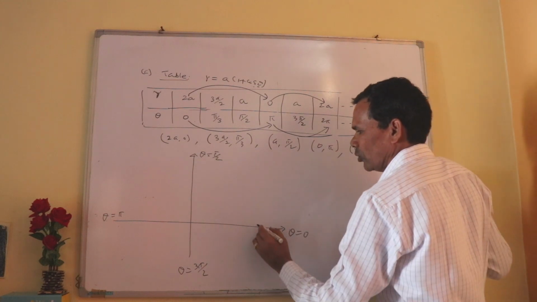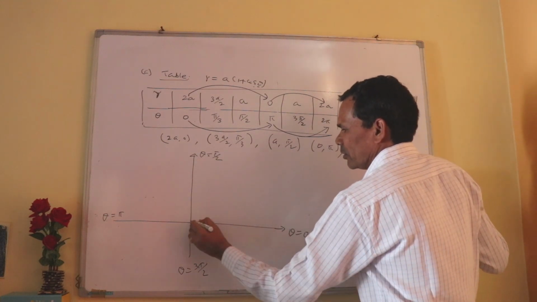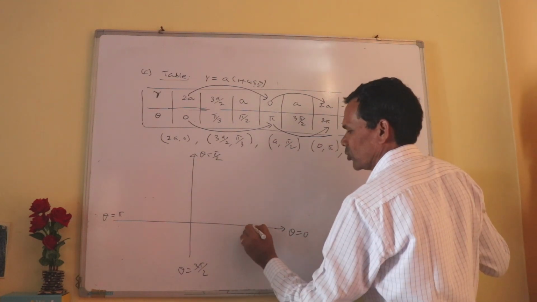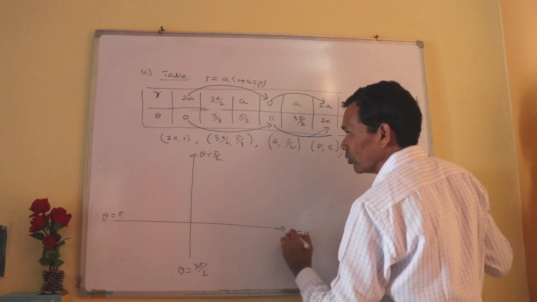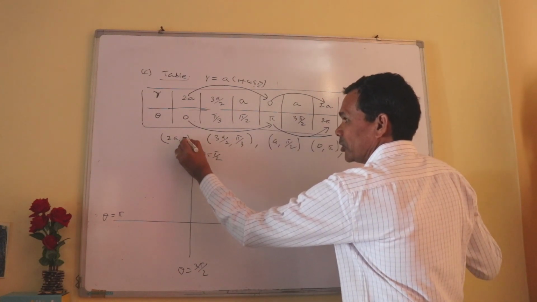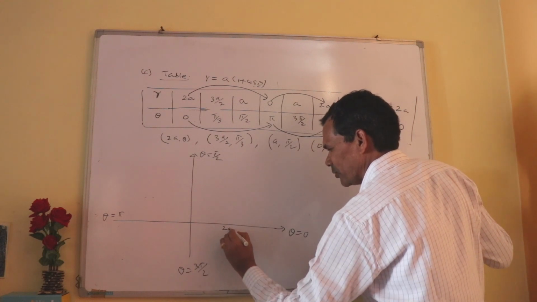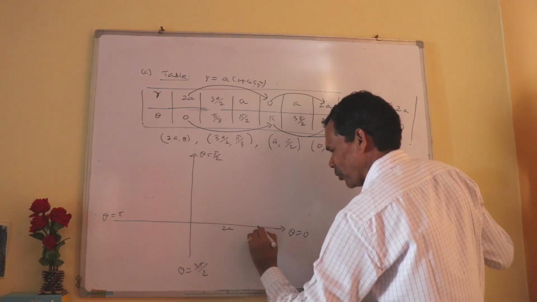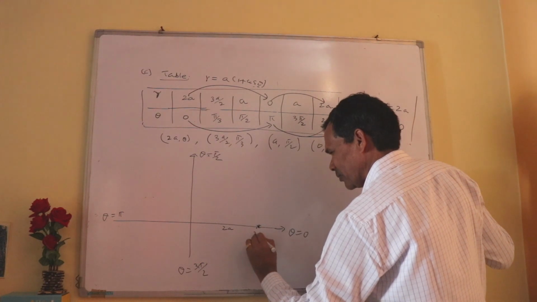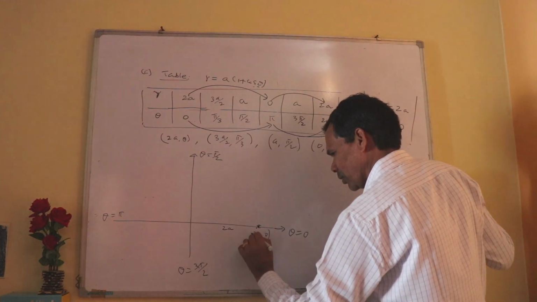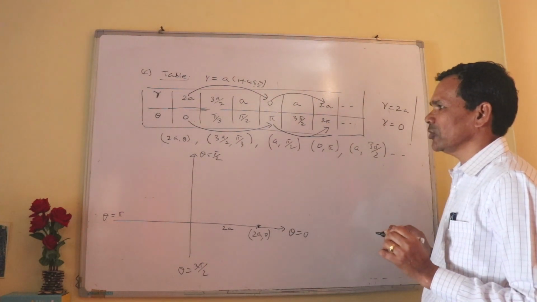For 2a, 0, the length of r is 2 times a and theta is equal to 0. So I take the length 2 times a, and here is the point 2a, 0.